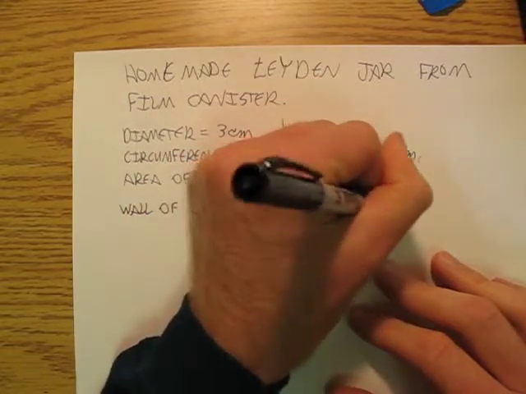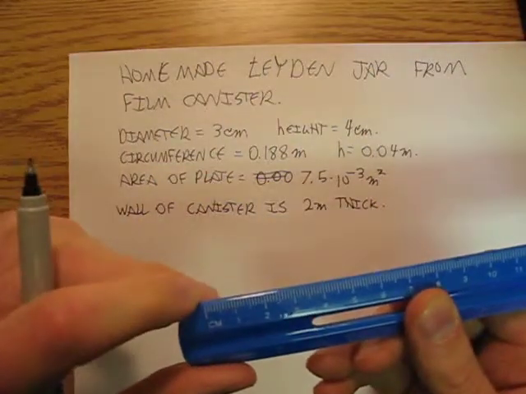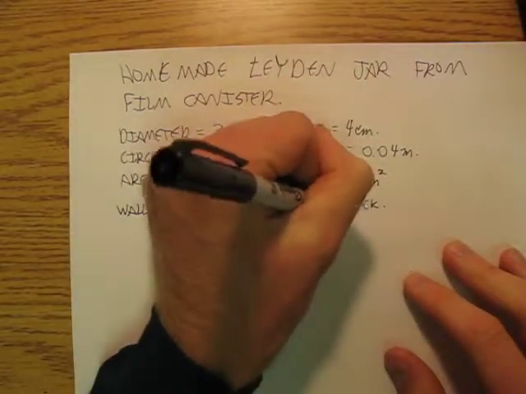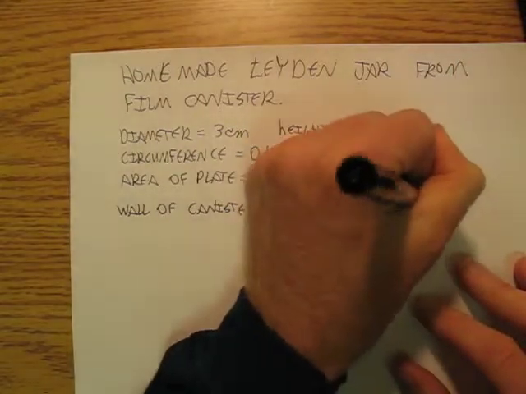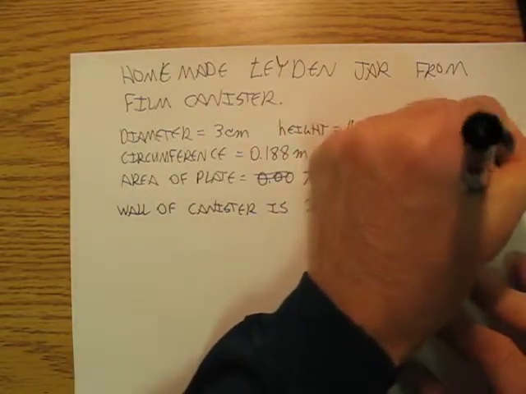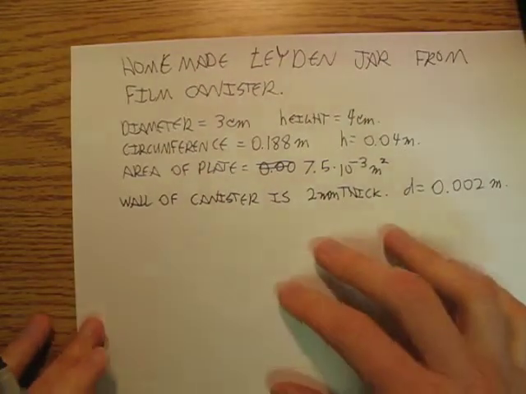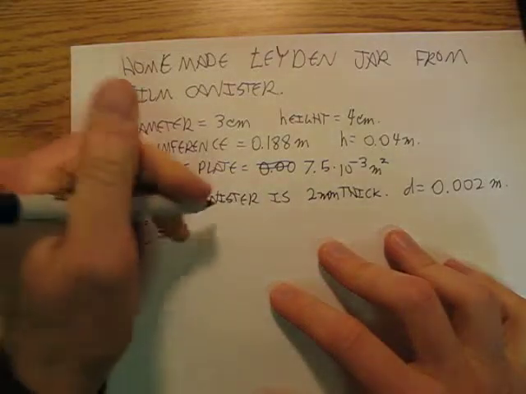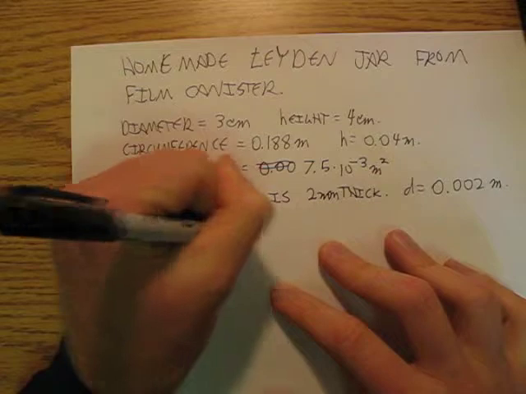I think that's a reasonable assumption. So that means that my d is going to be 0.002 meters. So that means that the capacitor has a size of epsilon naught A over d.